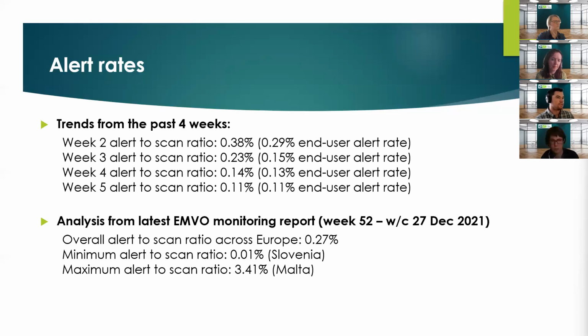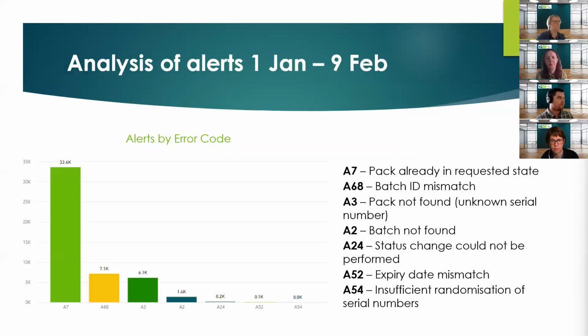So if we go on to the next slide there, just to give a breakdown of what these alert types are, which ones we're getting. So this is again from the start of the year. We've had about 33,500 A7s, or ones where packs are already in the requested state.